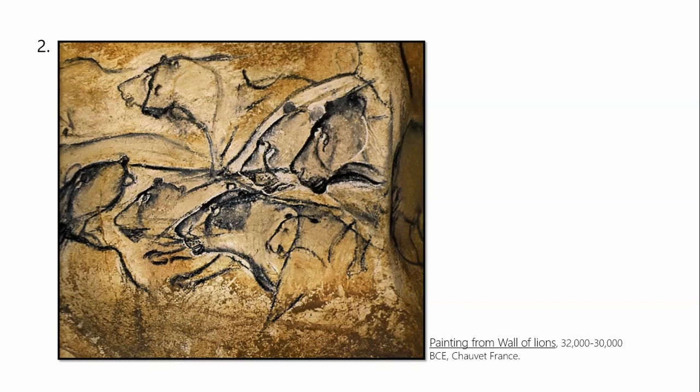We also talked about some of the possible meanings here, like why did they make these images? One of the major hypotheses is that these people were making these images as a form of ritual magic where they were trying to envision a good hunt or represent themselves in the act of hunting well.